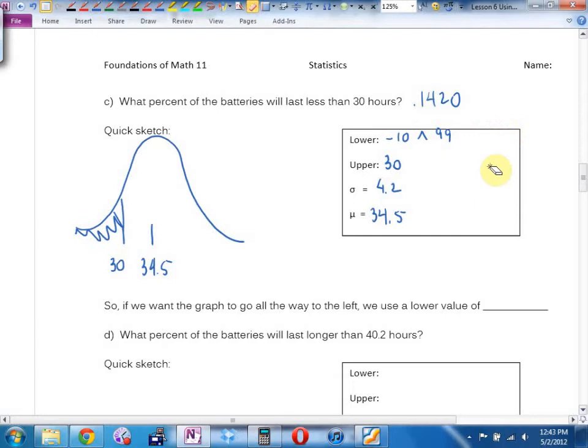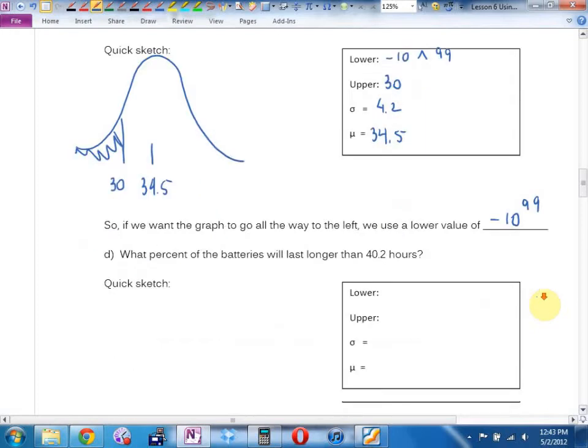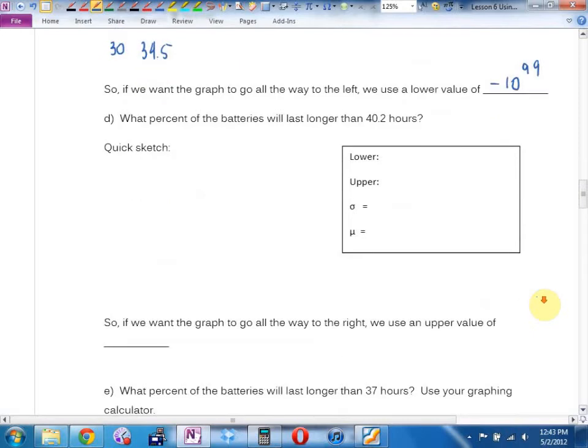Hey, what if we want the graph to go all the way to the left, we use a lower value of... That's our equivalent of negative infinity. A -1 with 99 zeros. D. What percent of the batteries will last longer than 40.2 hours?